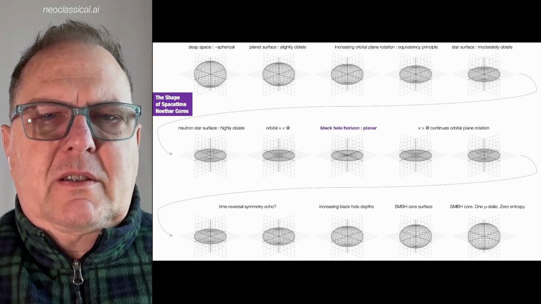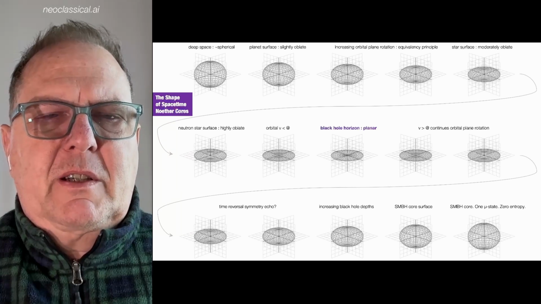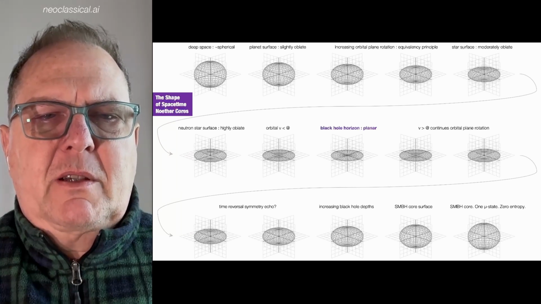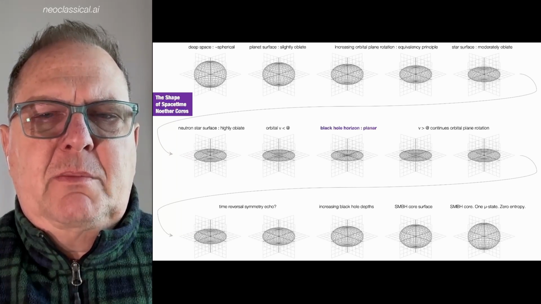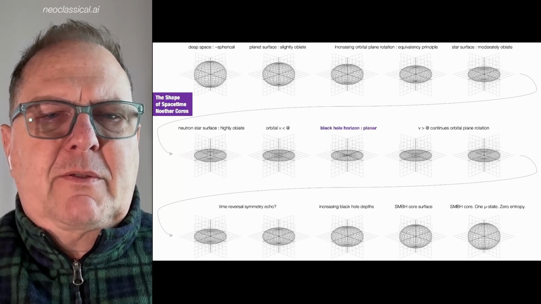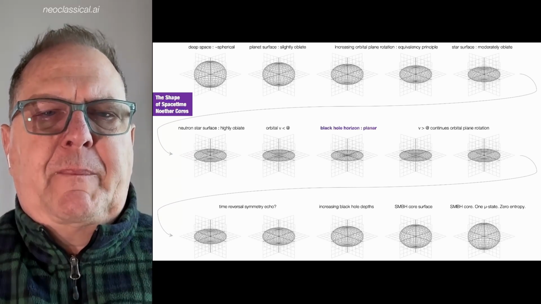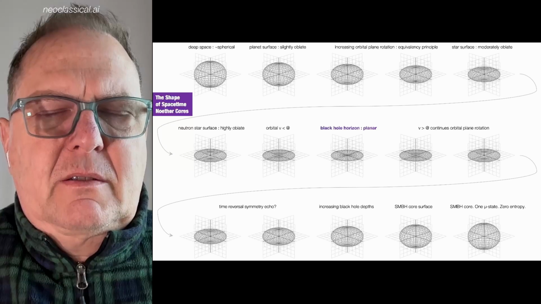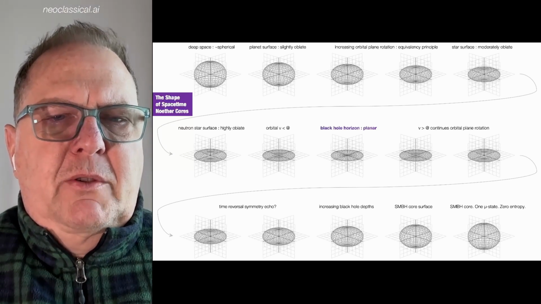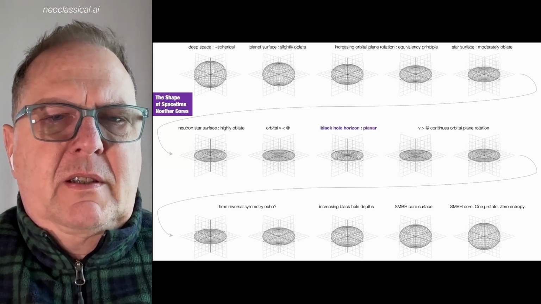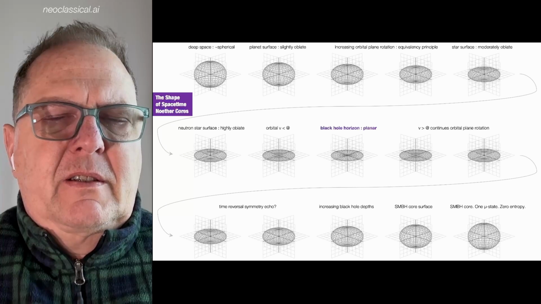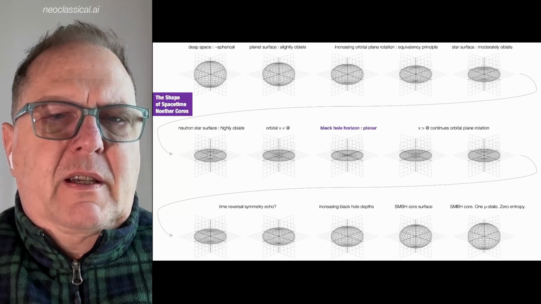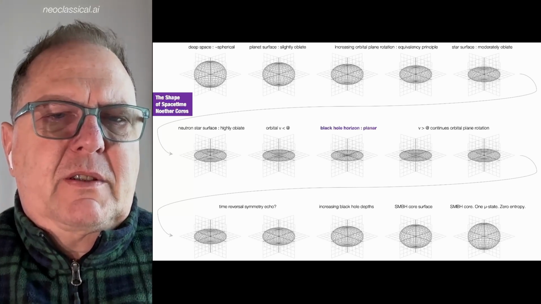And then as we continue moving towards a black hole, we're getting more and more oblate, with smaller and smaller radii of the orbits, but we still have the orbital velocity less than field speed. And the idea is that when the Noether cores reach the event horizon or that area, they're essentially in a planar state. And we say that about photons as well.